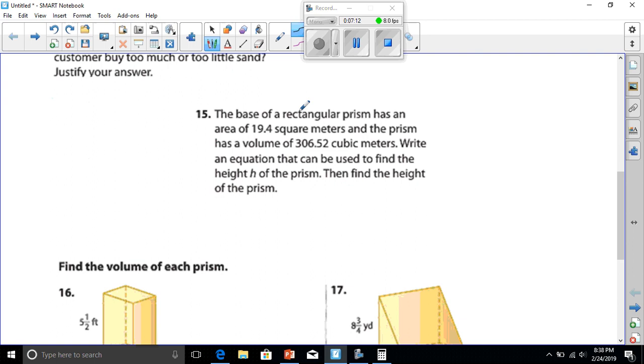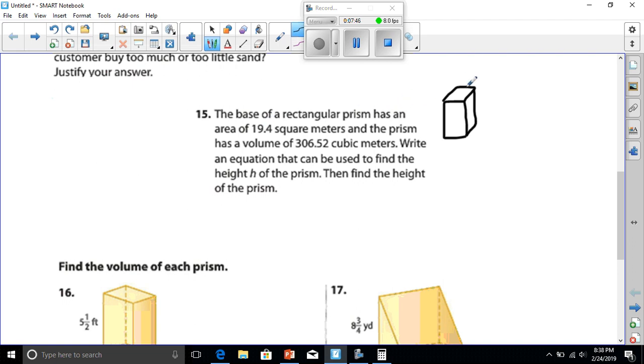It says a base of a rectangular prism has, well, we know if we have a rectangular prism, we're talking about a three-dimensional object here with a base that is a rectangle, has an area of 19.4.